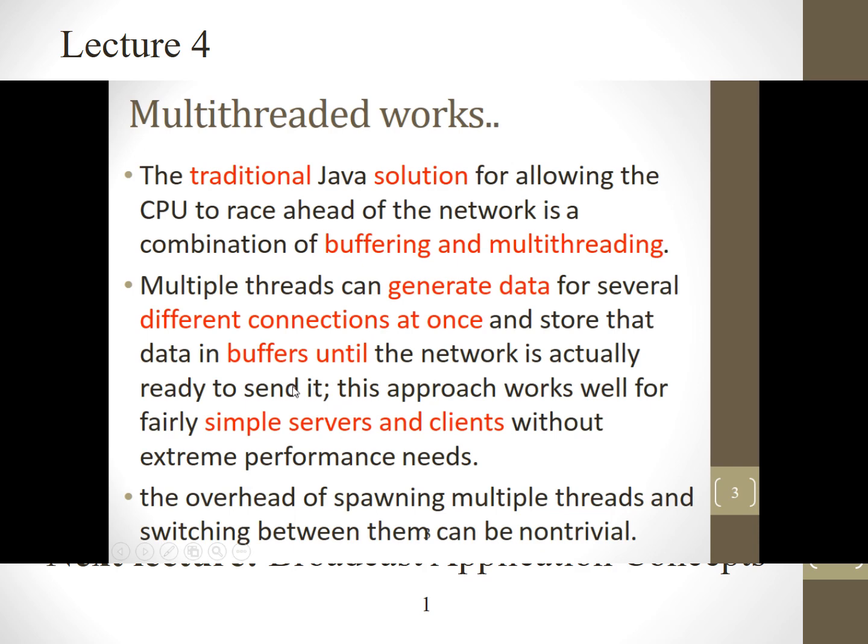And they said to achieve this goal, we don't need the servers and the clients to be high performance. We don't need very expensive servers, very expensive machines. So this approach can be achieved with very simple servers and clients. The overhead of swapping multiple threads and switching between them can be non-trivial. So let's look into the details and we'll understand better.